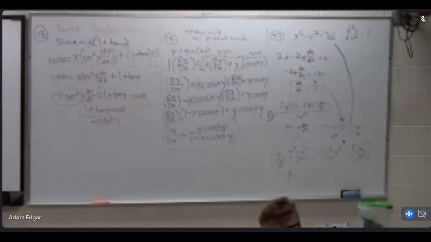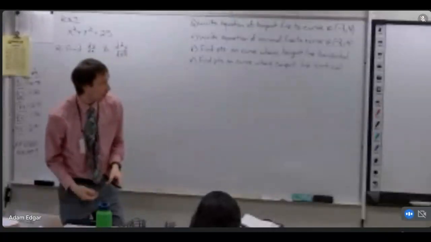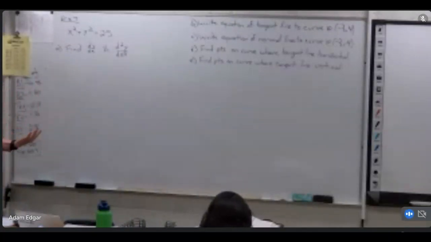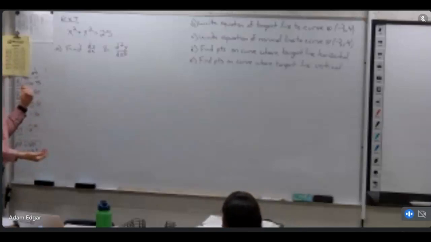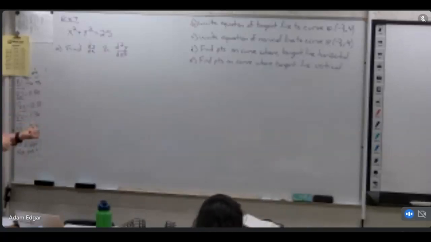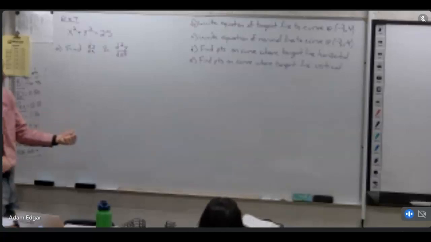Example 7. So let's go through that. Go through one more example. Like yesterday, if you watched the video or you were here, we went through a reminder of some basic implicit differentiation stuff. And then we also saw implicit differentiation in combination with chain rule. And on Friday, we had already seen it in combination with product rule.